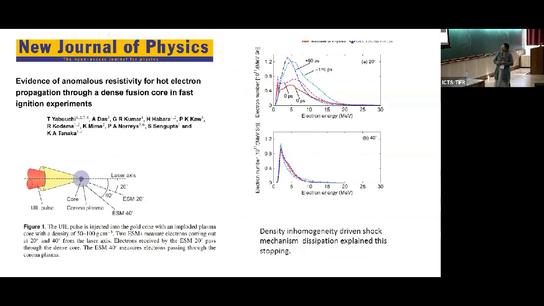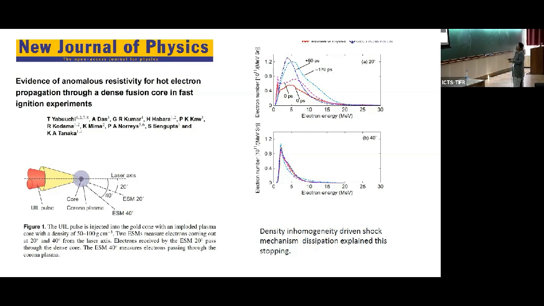The next experiment was also very interesting. This was the target, like a fusion target, compressed from inside the gold by a compressional laser, and then with various timings the ultra-intense laser was sent. Some of the electrons which passed through the overdense core were measured by a 20-degree electron spectrometer, and others by a 40-degree electron spectrometer.